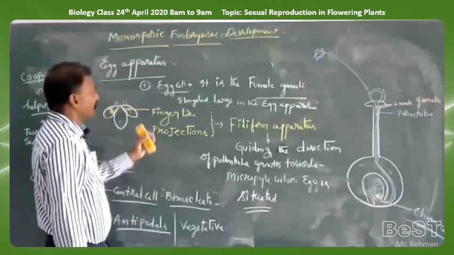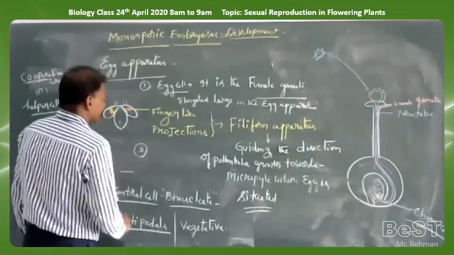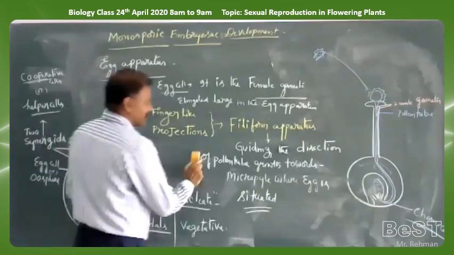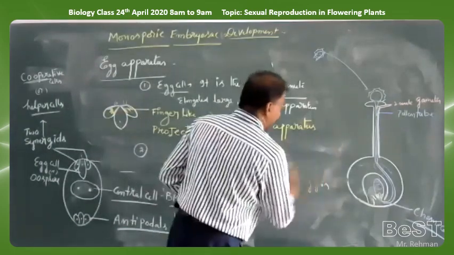Now, what is the central cell? It is the biggest cell in the total female gametophyte or embryo sac.